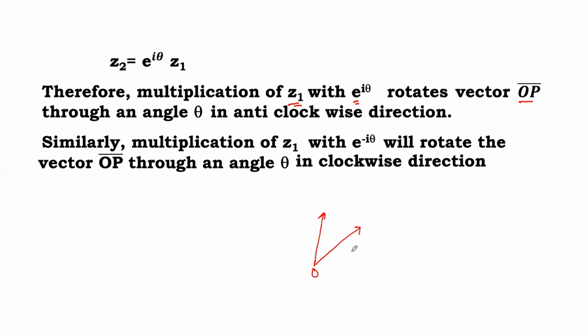This is O, this is P, this is Q in the Argand plane, through an angle theta, the angle between them. Or we can rewrite this as Z2 minus 0 upon Z1 minus 0 is equal to e to the power I theta.